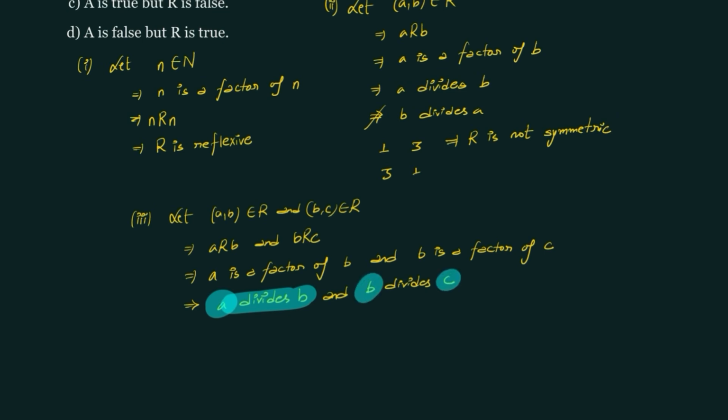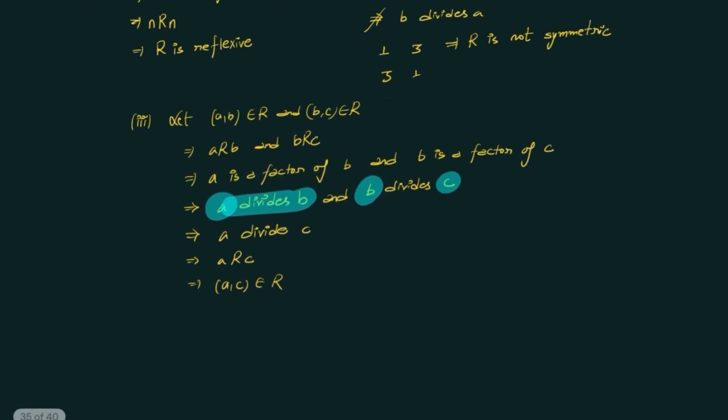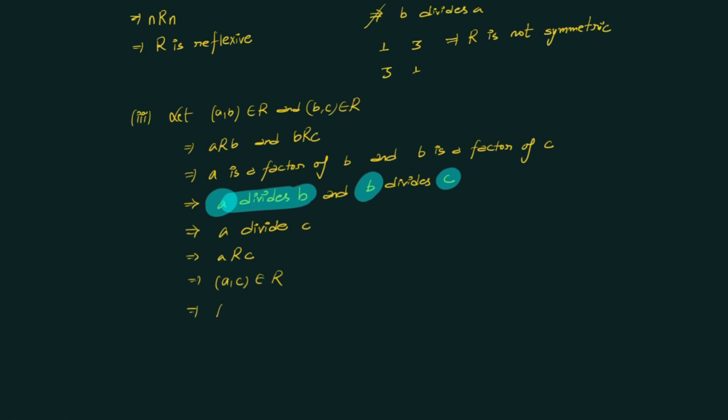So it is clear that obviously A will divide C. So from here we can write that A will divide C, and if A divides C, then A is related to C, and hence (A, C) belongs to the relation R. Hence the relation R is transitive.